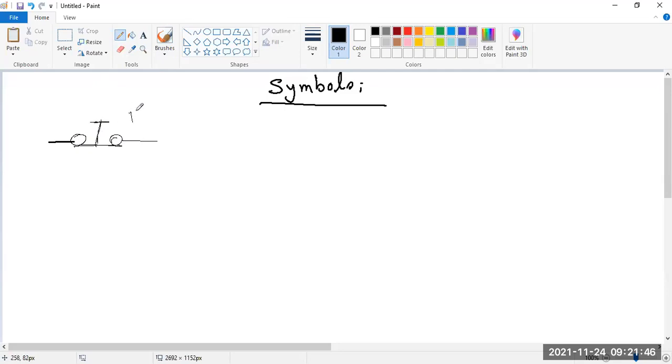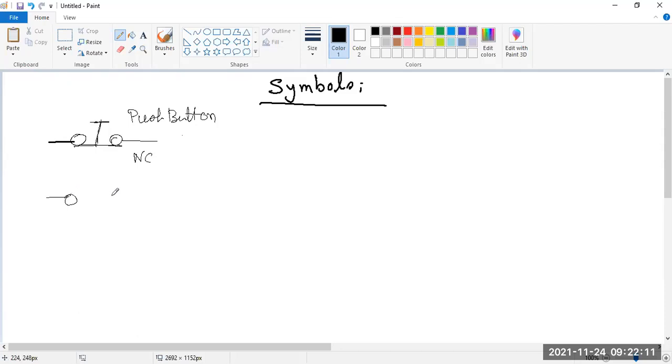This is a push button signal symbol. But what kind of push button is it? This is the NC contact. Look, this is the NC contact, normally closed.